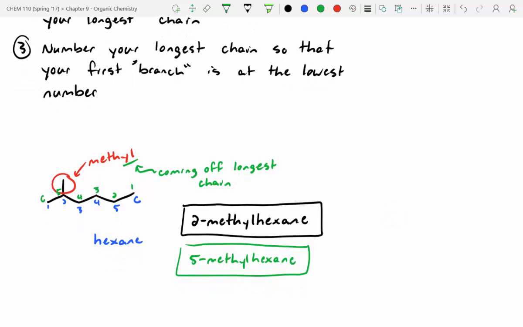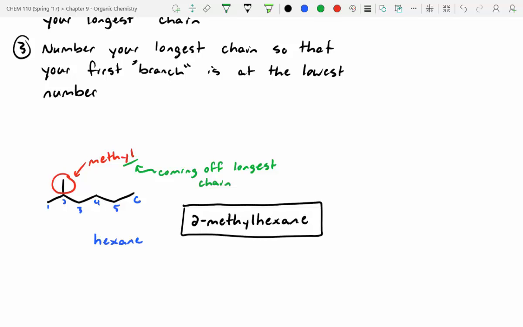Number 3, we said number your longest chain so that your first branch is at the lowest number. That blue numbering pathway has a methyl group at carbon 2, which is preferred over carbon 5. So it's a lot easier and simpler if you focus on having that first branch at the lowest number. So the green one wouldn't be the best way of naming this. The blue one would be.